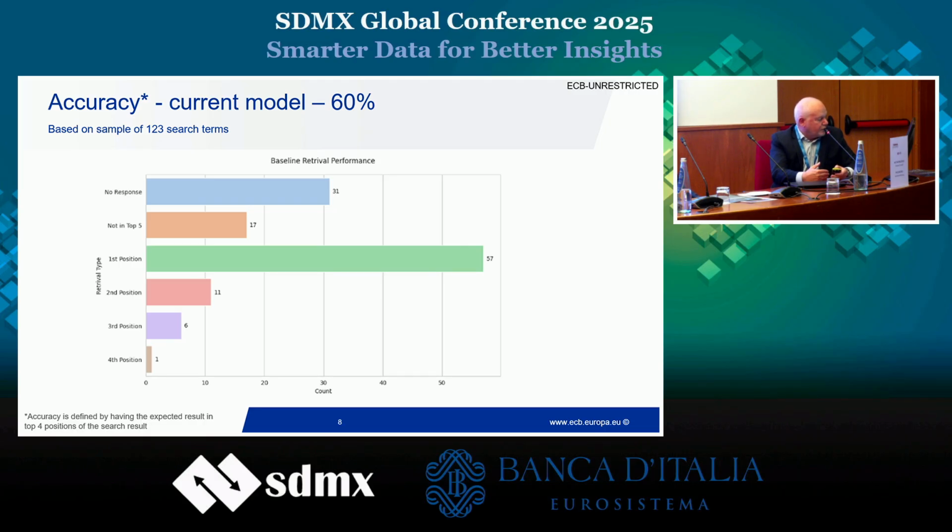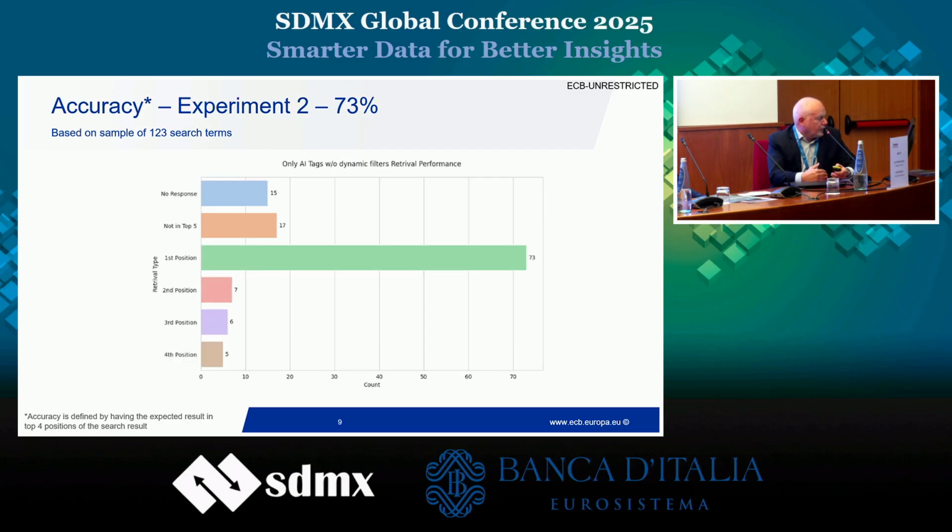We want the search results within the first 4 positions. But in this case, we have 31 with no response and 17 not in top 5.